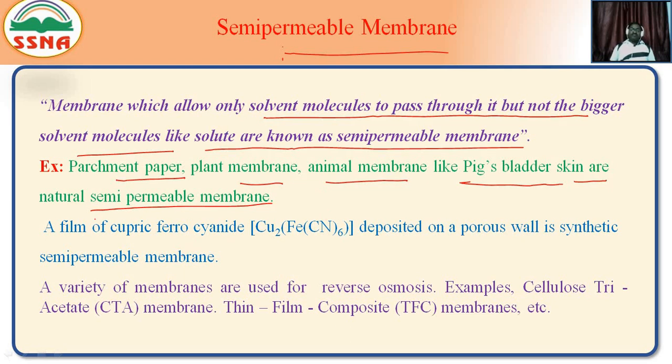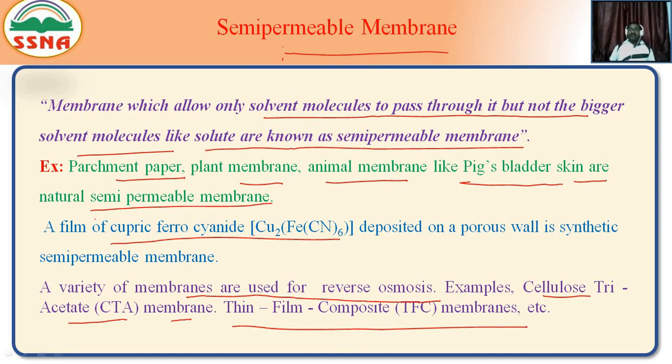The synthetic semi-permeable membrane is cupric ferrocyanide. A variety of membranes are used for reverse osmosis, for example cellulose triacetate membrane, thin film composite membranes, etc.